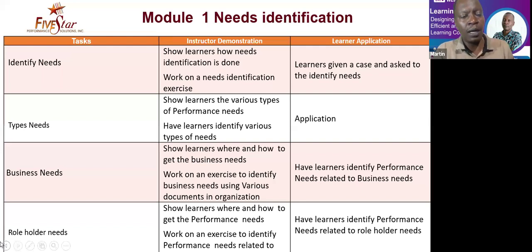In this module on business needs, we would want the learner to be able to identify the business needs. So one of the things we'll be doing is showing the learners where and how to get the business needs. Then the instructor would work together with the learners on an exercise to identify business needs using various documents in the organization. Then for the learner application, we would have the learners identify performance needs related to the business. This would be maybe specifically with a case or with their own strategy.